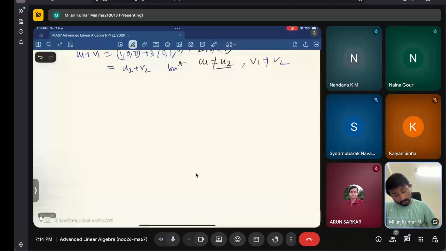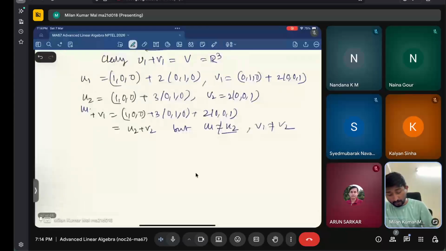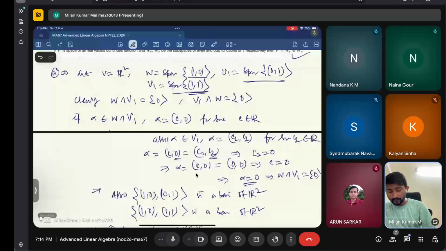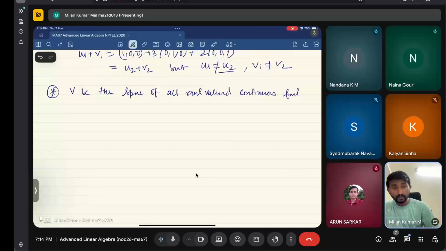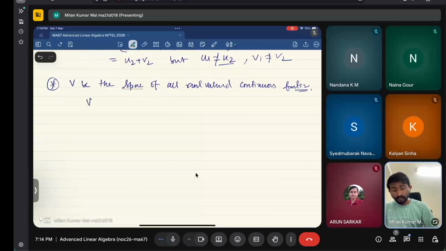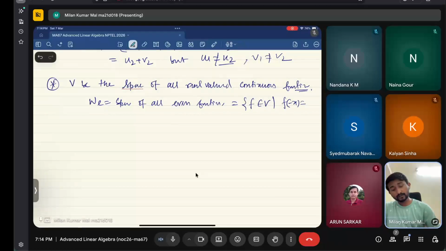Then WE is the space of all even functions, that means all those functions f in vector space V such that f of minus x is equal to f of x for all x in the real numbers.